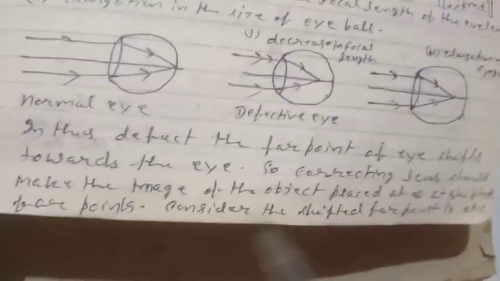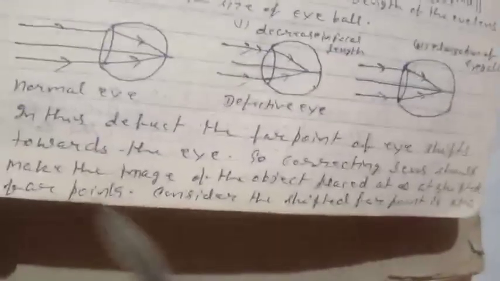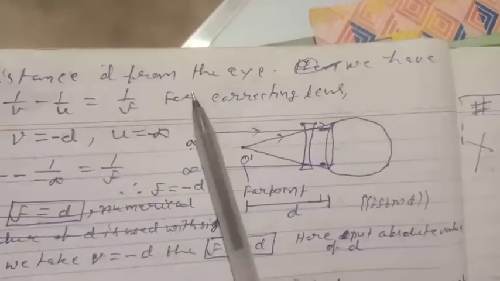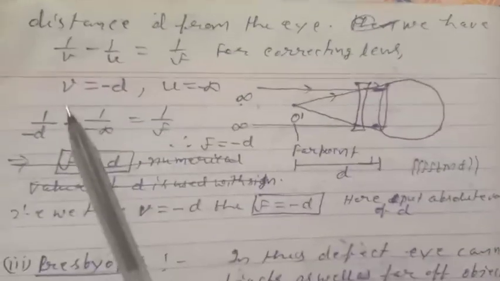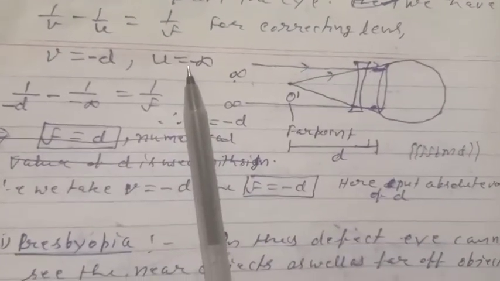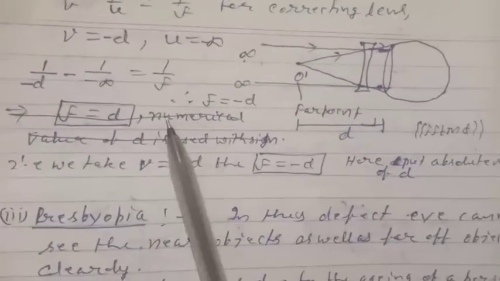In this defect, the far point of the eye shifts towards the eye. So the correcting lens should make the image of an object placed at infinity at the shifted far point. Consider the shifted far point is at a distance d from the eye. We have the lens formula 1/v - 1/u = 1/f. Now for the correcting lens, v = -d and u = -infinity. So 1/(-d) - 1/(-infinity) = 1/f.